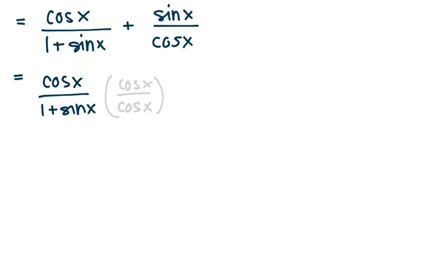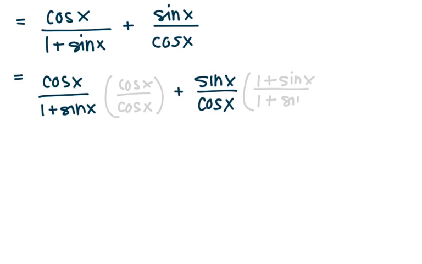We multiply by 1. So then I have plus my sine x over cosine x, and I'm going to multiply that by 1, formed by looking at the other denominator, which is 1 plus the sine of x over 1 plus the sine of x. So I'm multiplying by 1 to get common denominators.